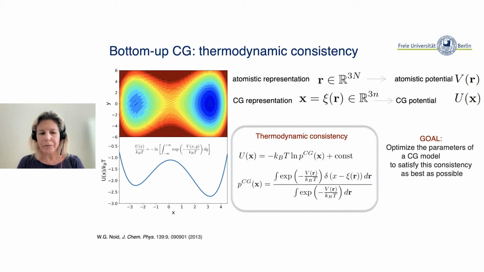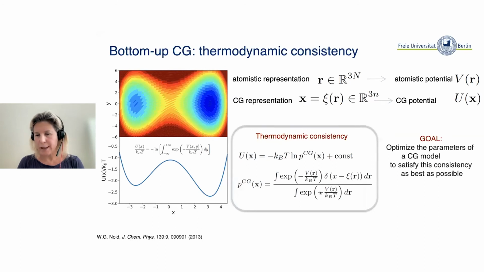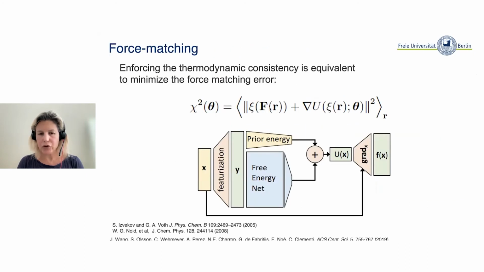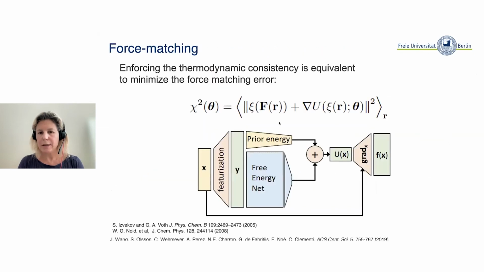Fortunately, many people like Greg Voth or Will Noid have reformulated this thermodynamic consistency variationally, and they showed that it's possible to define a functional. This is the functional here, and the energy function U that minimizes this functional is the same as the one that satisfies thermodynamic consistency. So this can be used variationally, and it was used in the past, if you put a functional form for U with a lot of parameters and you minimize it.